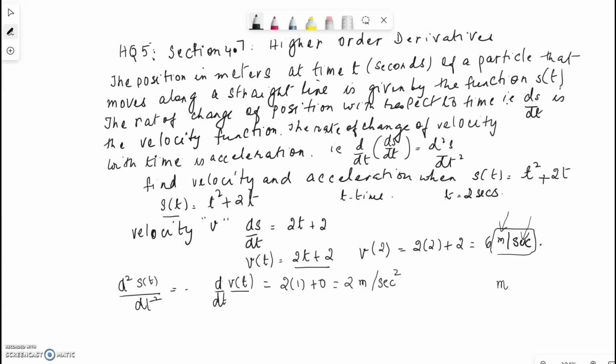The unit of measurement of velocity is meters per second, and the unit of measurement of acceleration is meters per second squared. And if we want to calculate the acceleration function, it is equal to 2.